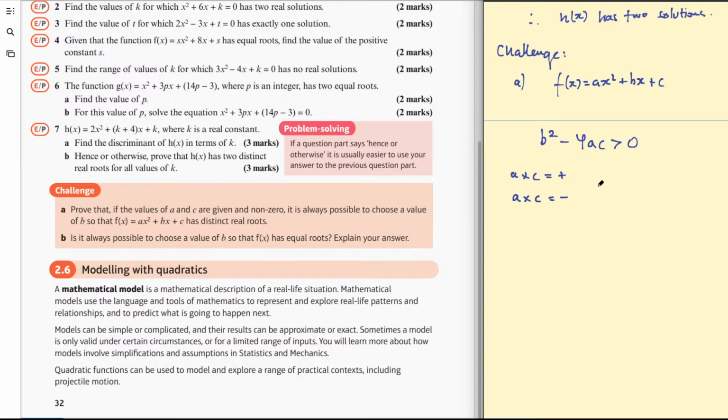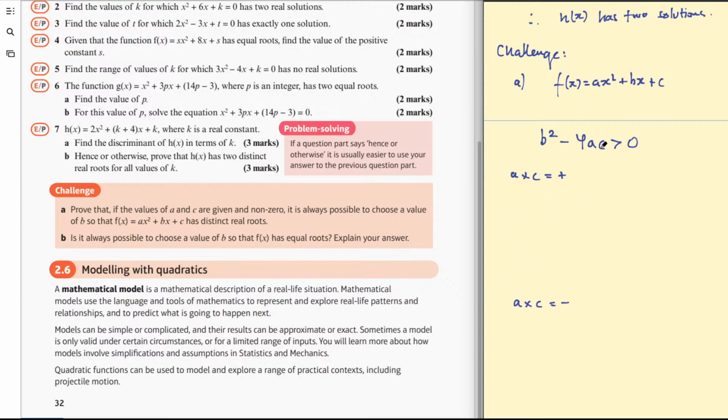In the first case, a and c would both have to be positive or negative. And in this case, one would be negative, one would be positive. For me, it doesn't matter which one is which, but the result matters, positive or negative, because actually let's consider each separately.